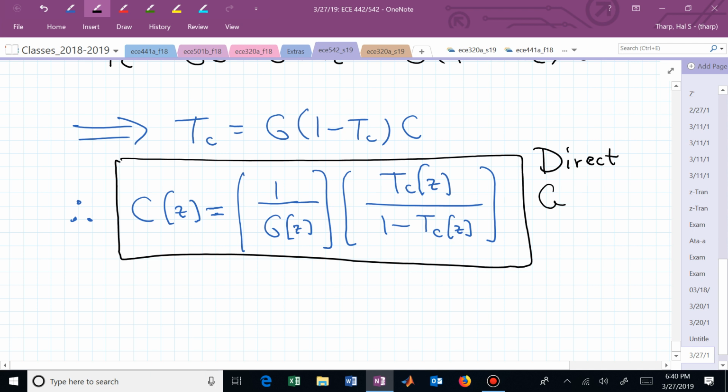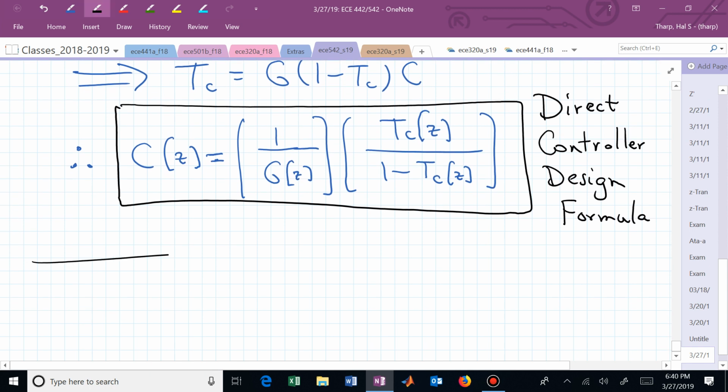That's the direct controller design formula. That's where that came from.